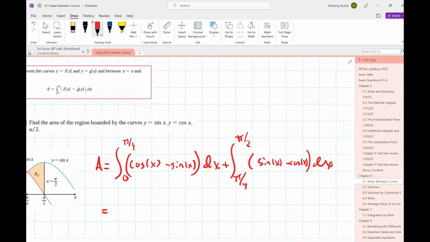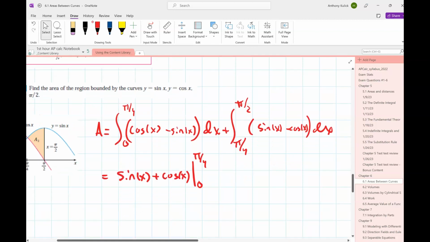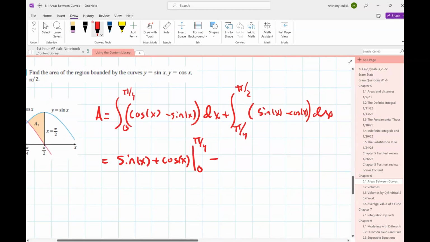Does that feel okay? What's the antiderivative for cosine? Sine. Good. And what's the antiderivative for negative sine? Cosine. Okay. Let's just go ahead and evaluate this now. What's the sine of pi over 4?